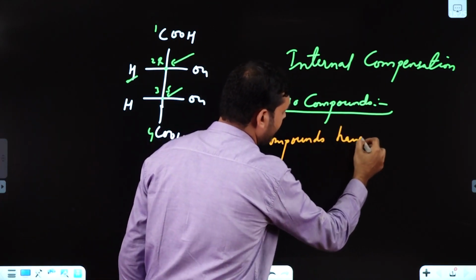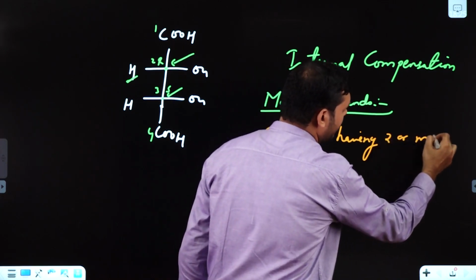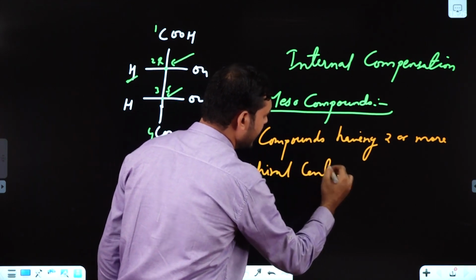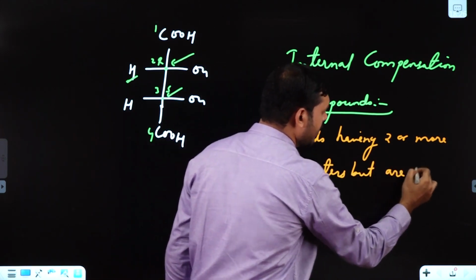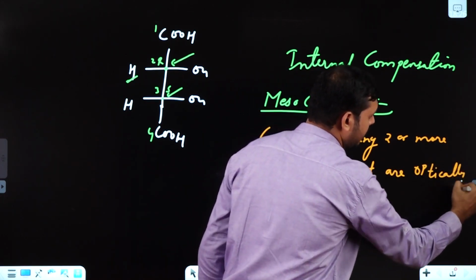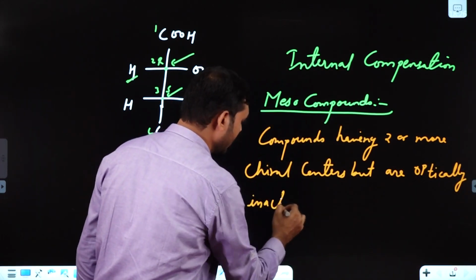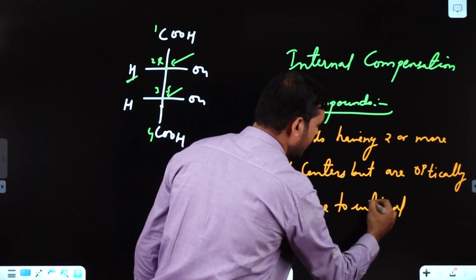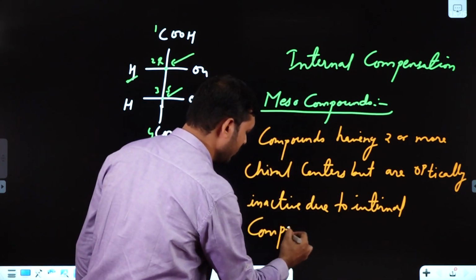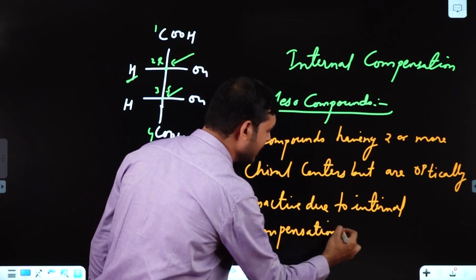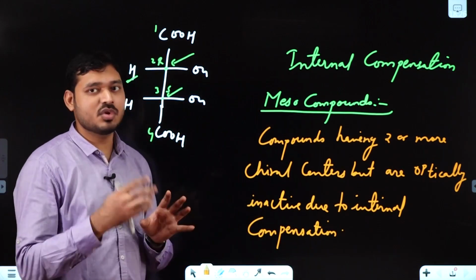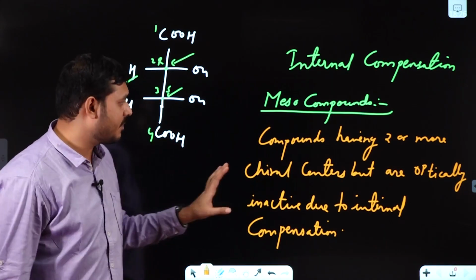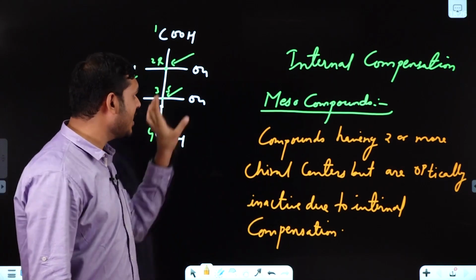Compounds having two or more chiral centers but are optically inactive due to internal compensation. Okay, so meso compounds are those compounds which are optically inactive although they have two or more chiral centers. So such compounds are optically inactive due to internal compensation.